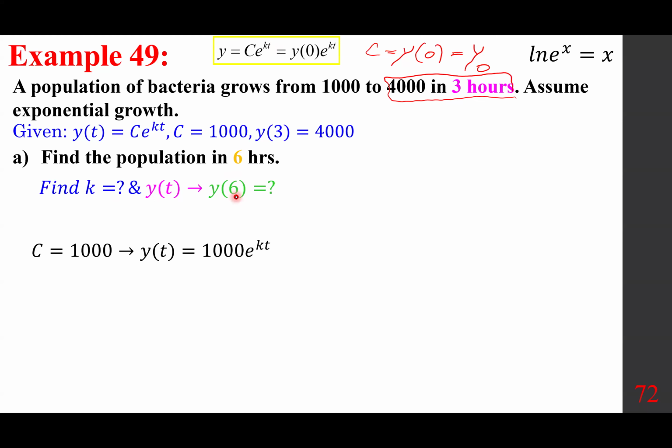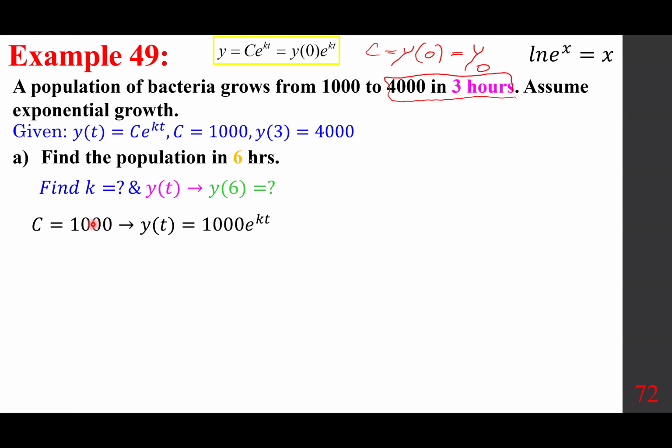So we're going to write, we know C is 1,000. It's given. And therefore, this formula becomes y of t equals 1,000 e to the power of kt. We also know y of 3 is 4,000.